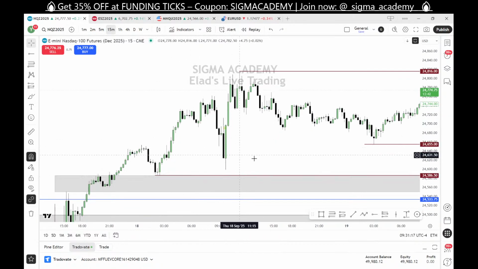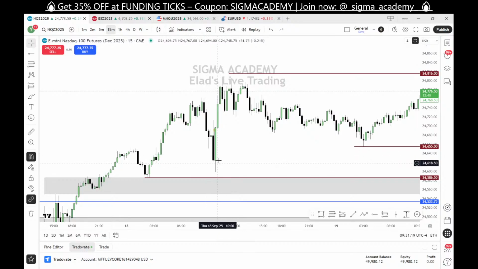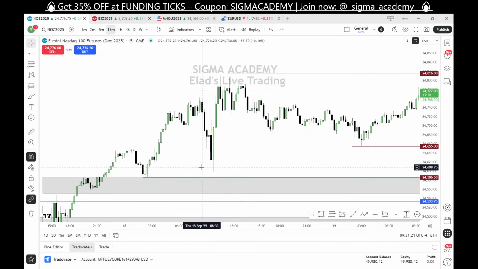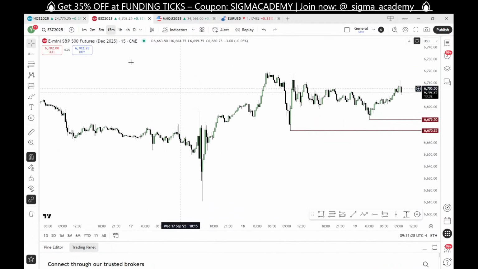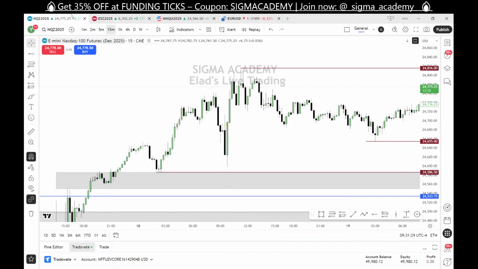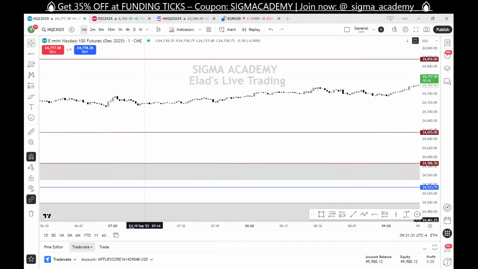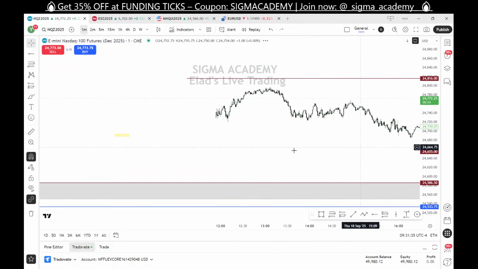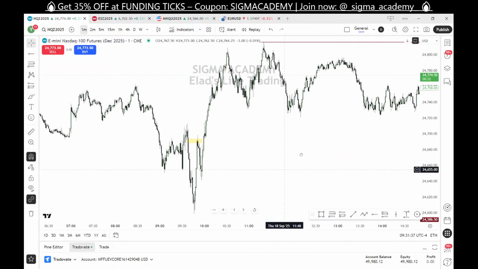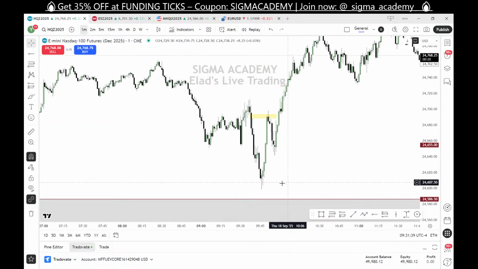The idea of taking long yesterday was also because we have an SMT right here. We have Judas swing on the ES, so it may go higher after we violated this fair value gap and made it inverse.